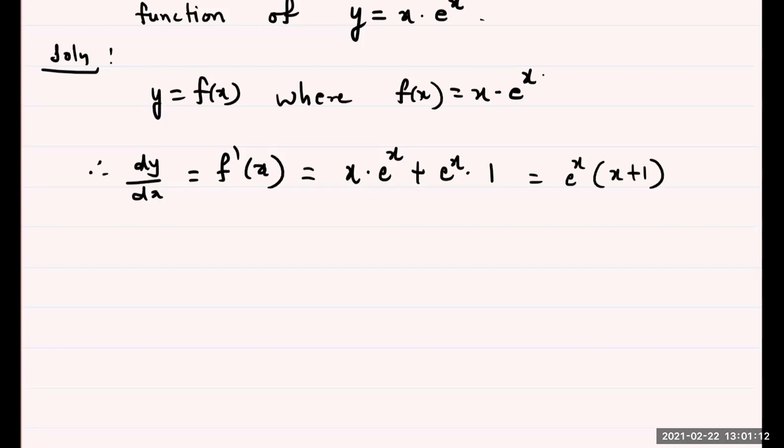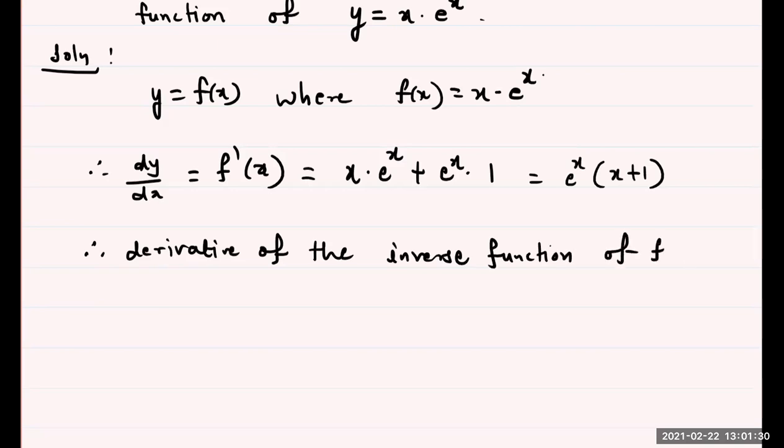Therefore, the derivative of the inverse function of f is 1 upon f dash. That is 1 upon e raised to x into x plus 1.